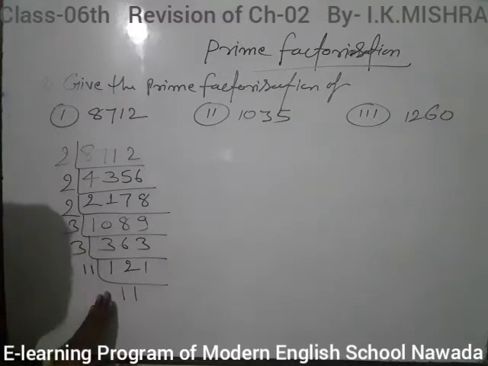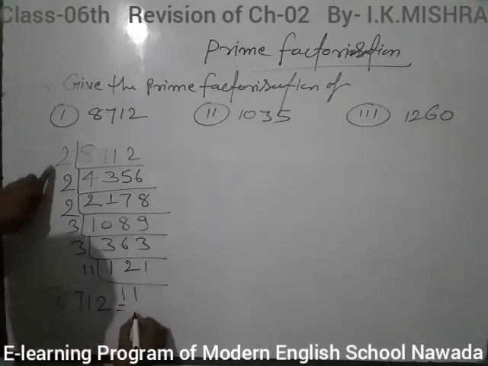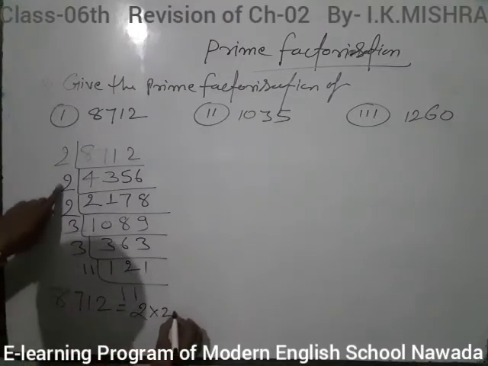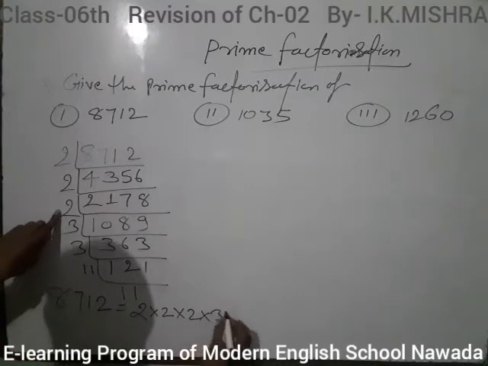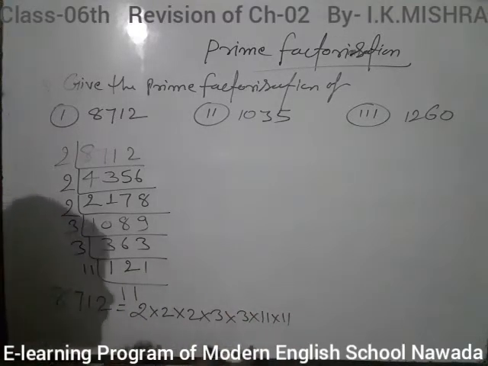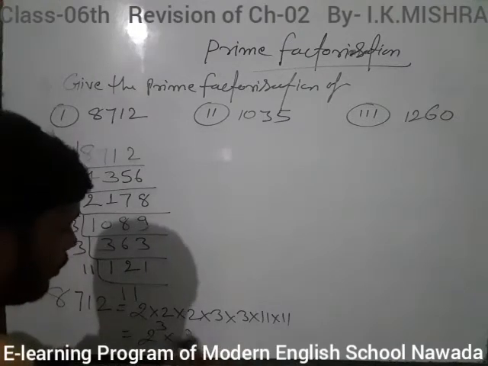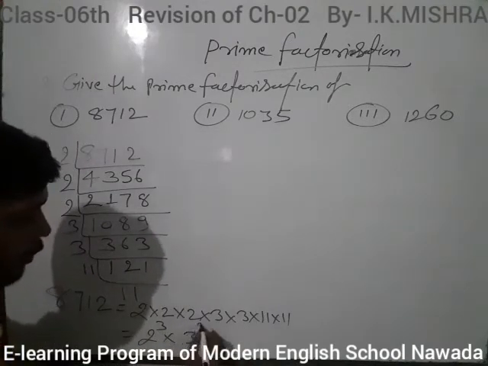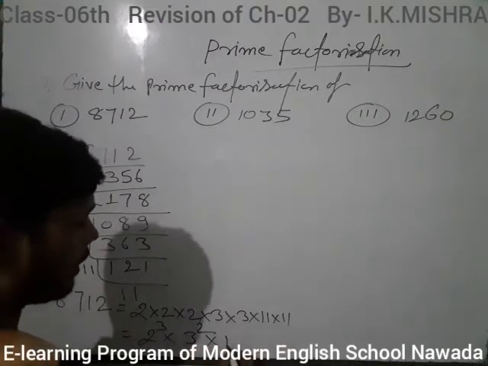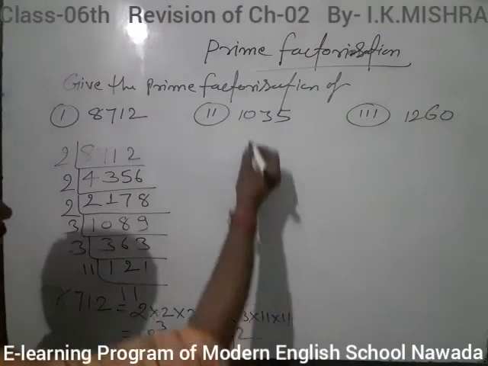So 8712 is written as 2 into 2 into 2 into 3 into 3 into 11 into 11, and it can be written in power form: 2 to the power 3 into 3 to the power 2 into 11 to the power 2. Clear friends?